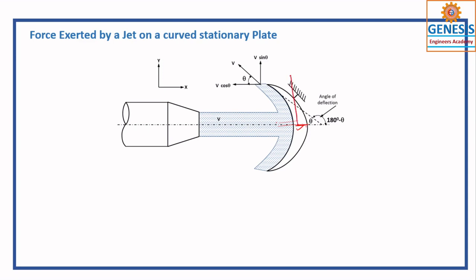Symmetrical means from this axis, what is the shape of this part and what is the angle, and what is the shape of the other part. In this way you can differentiate symmetrical and unsymmetrical, or asymmetrical, which can also be used.